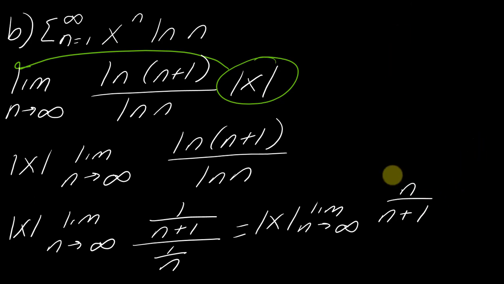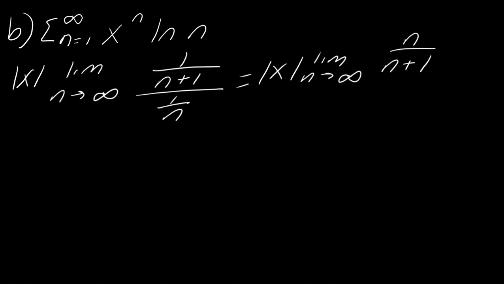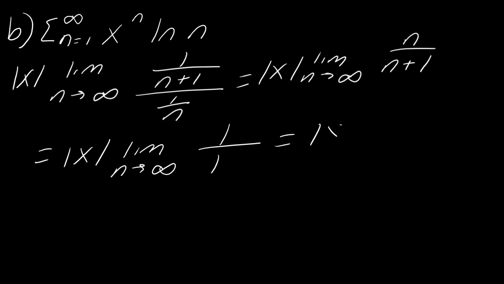And then I can either take the derivative again, or you can divide everything by n, tomato, tomato. So I'll take the derivative. If I take the derivative of the top and bottom, now I just get 1 over 1. So my limit here is just going to be the absolute value of x.